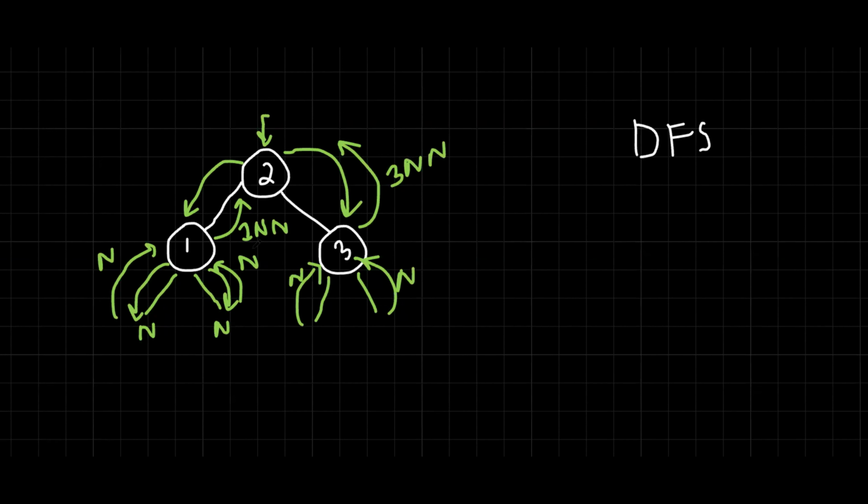So far, the left child of 2 is returning 1, n, n, and the right child is returning 3, n, n. So the value 2 will return 2 plus the left child value, which is 1, n, n, and the right child value, which is 3, n, n.